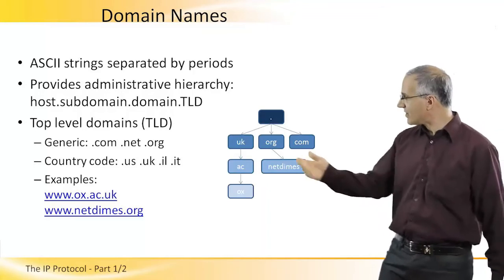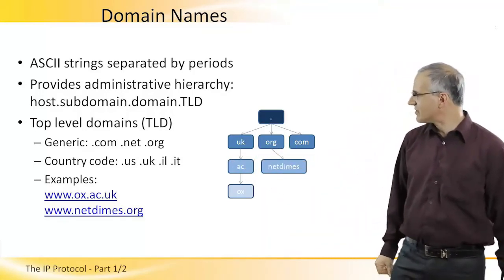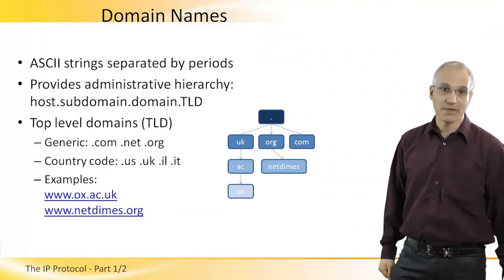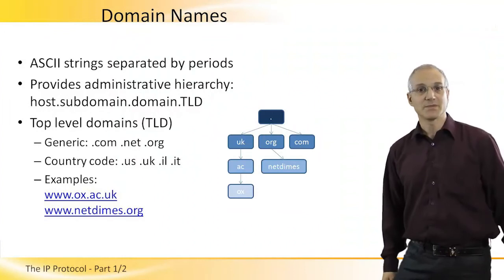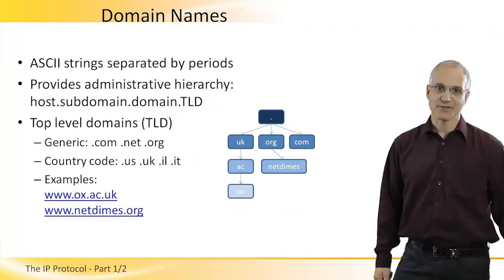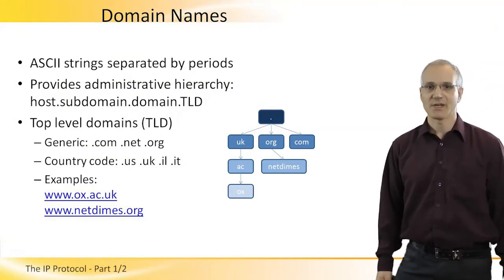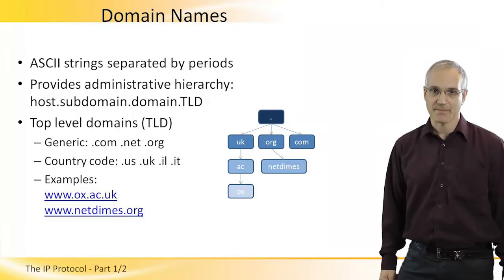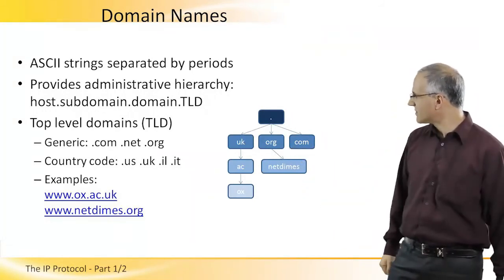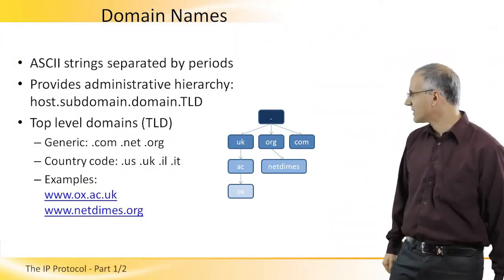So if I look at the host www.ox.ac.uk, this means that there is a machine called www, which belongs to domain ox, which is Oxford University, which belongs to domain ac, which is the academia domain in the UK, which belongs to the UK. The same holds for, say, NetDice, which belongs to the org top-level domain.